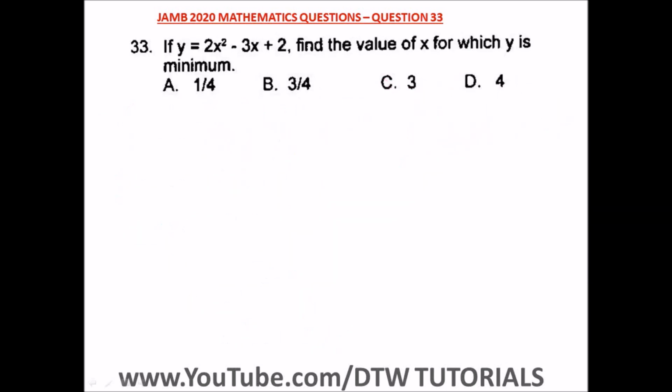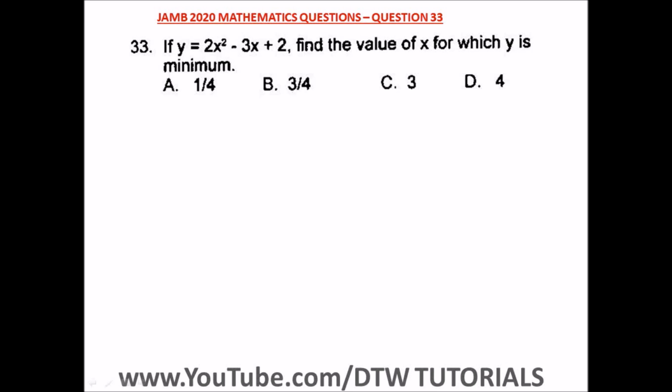So with that, we go to number 34. Number 34 of the JAMB 2020 maths past question. They said if y is equal to 2x squared minus 3x plus 2, find the value of x for which y is minimum.